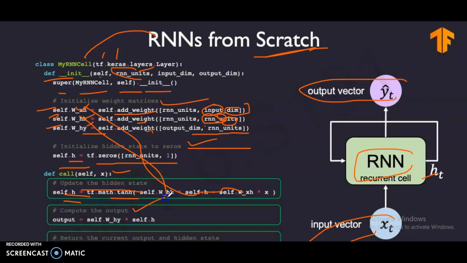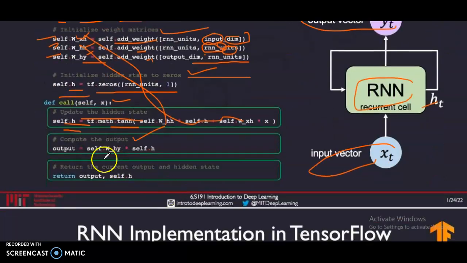Compute the output: output equals self.W_hy times self.h.